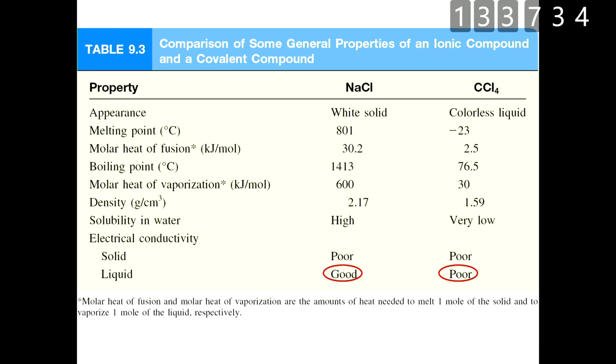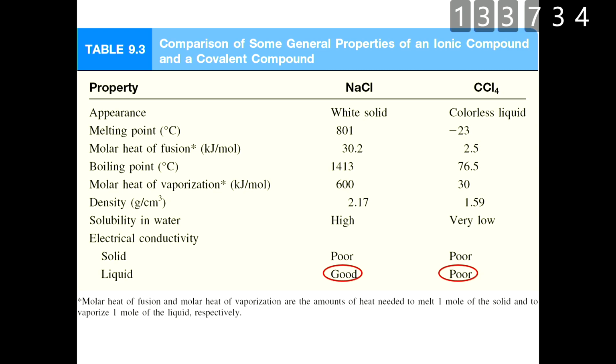Okay, so here to show the difference between the properties of ionic compounds and covalent compounds. So here are 2 examples: one is sodium chloride, another is CCl4.